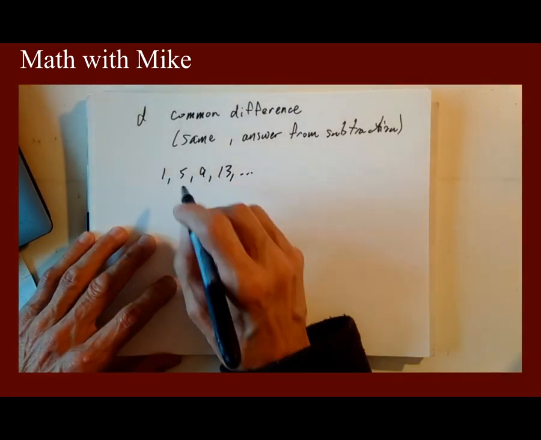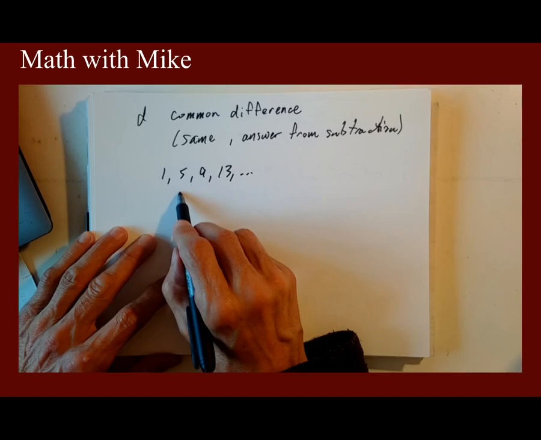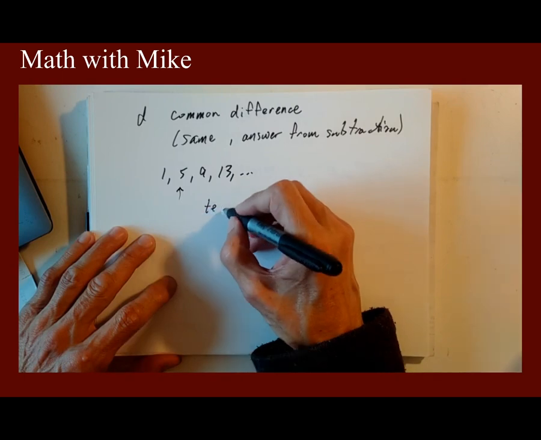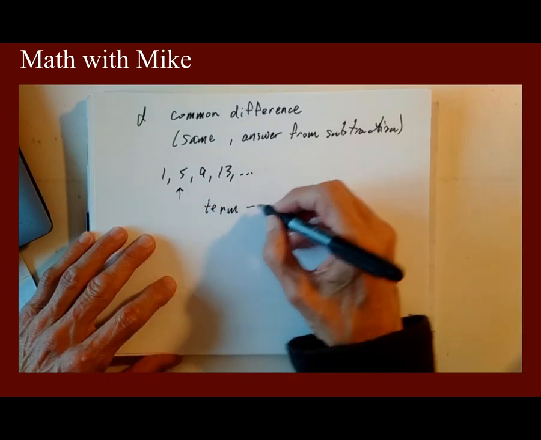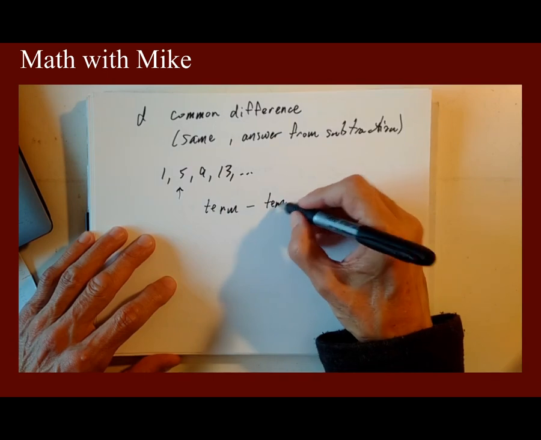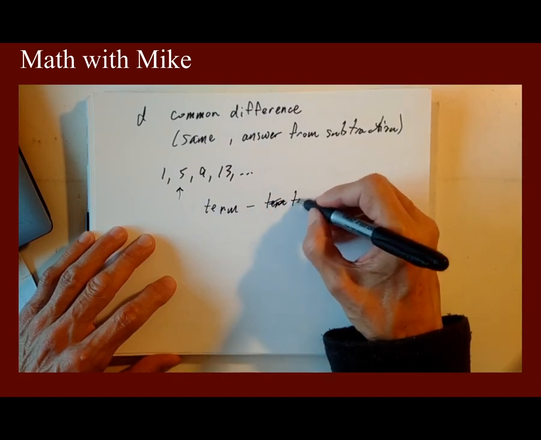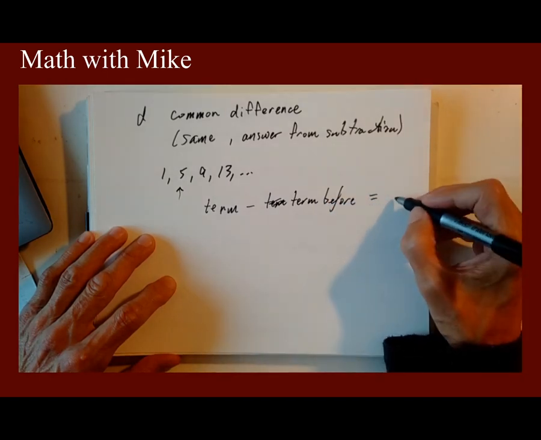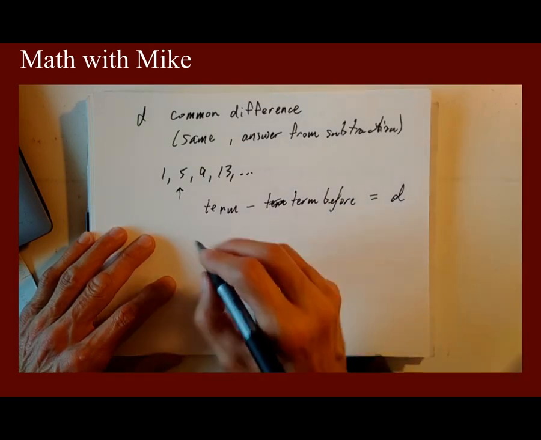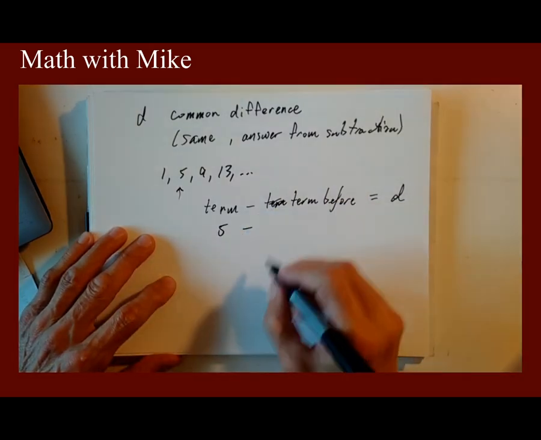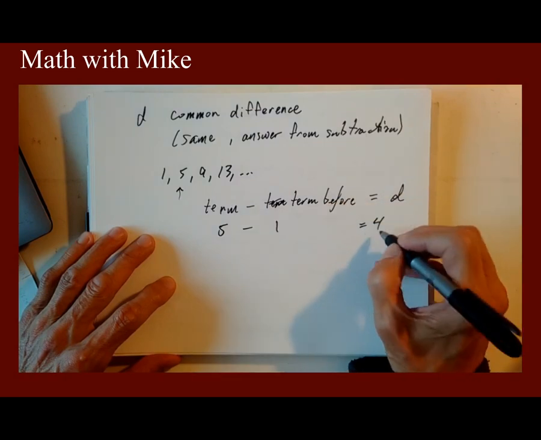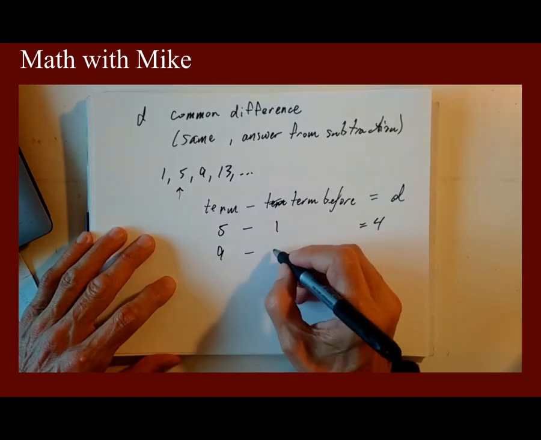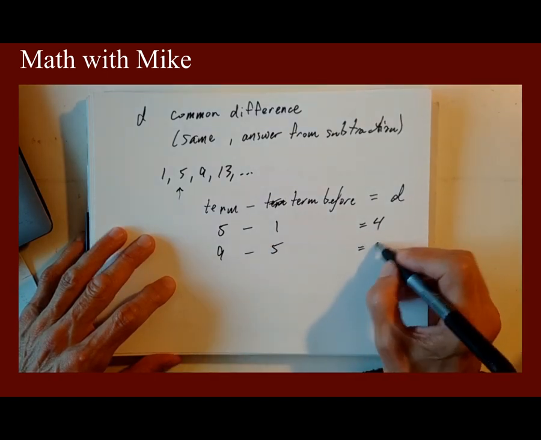If you take one term and subtract the term before it, I'm suggesting you're going to get D. So let's take a look. I'm going to choose the value of 5, minus the term before it, which is a 1. I get 4. I'm going to choose the term 9, subtract the term before it, which is 5, and I get 4.